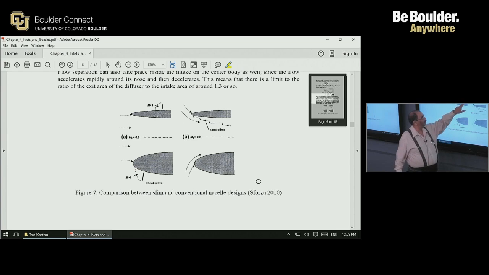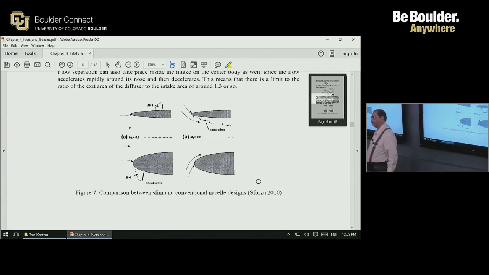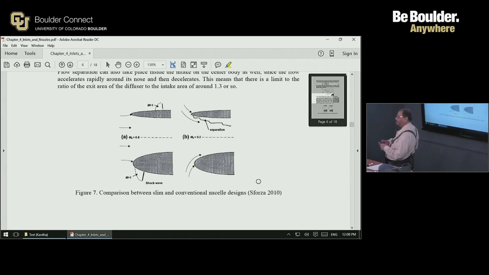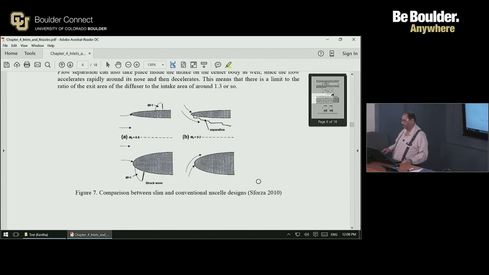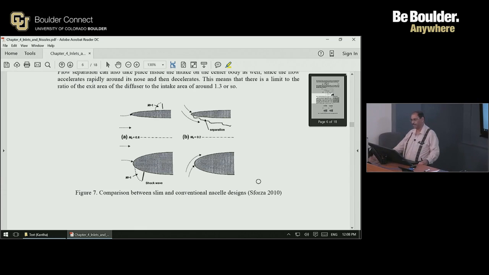Therefore, the shock wave terminating the supersonic region will be fairly weak, so additional drag is less. Whereas in this design, the separation is prevented, but you may have additional drag due to the presence of a stronger shock wave on the outside. So once again, it's a compromise.